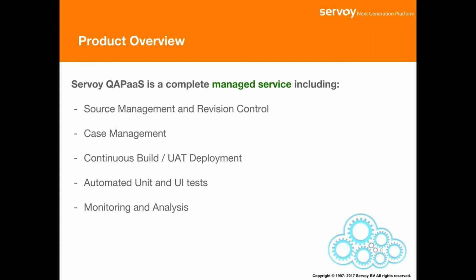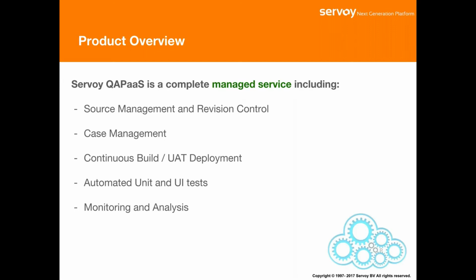So what's provided in the platform is, of course, a revision control system, source code management, also case management, because you can link source code issues to particular cases and move those straight back to the development cycle. Continuous build, as we're going to see in a minute when that build finishes: as developers are making changes and committing them, the application is being built and deployed onto a test server. It can be promoted to UAT, at their discretion.